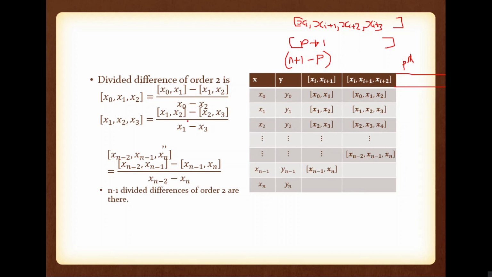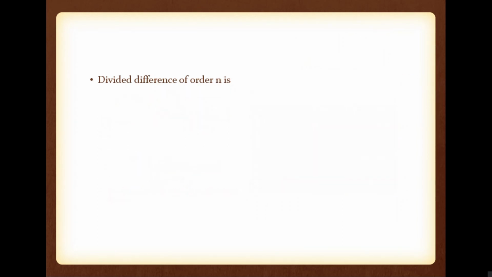Okay. So I am not writing the third order divided difference. This is an expression. I am going to write the last one, the nth order divided difference. So the divided difference of order n is, please write that.